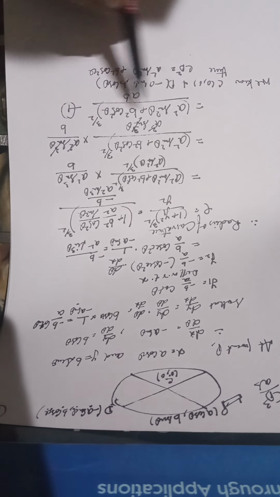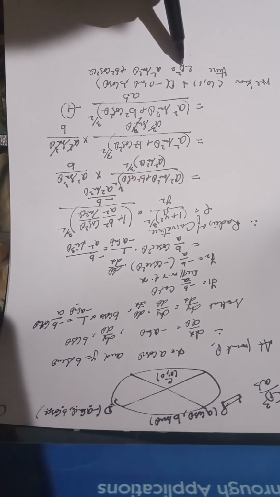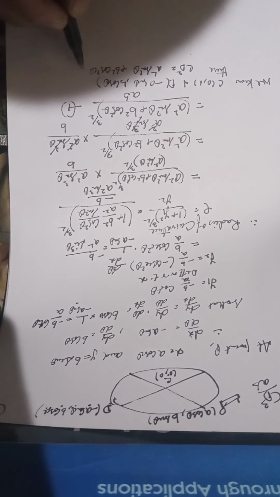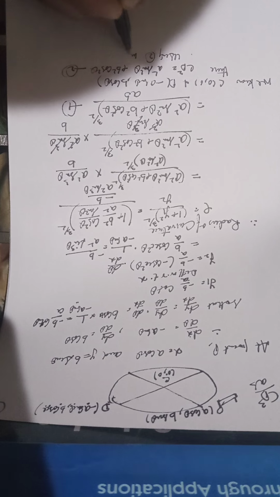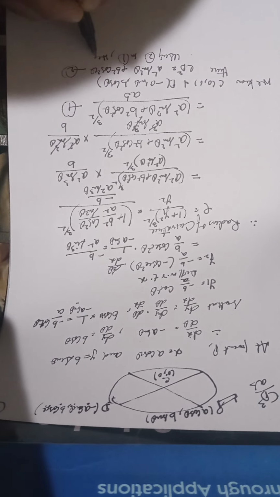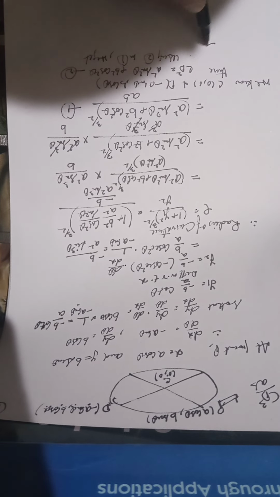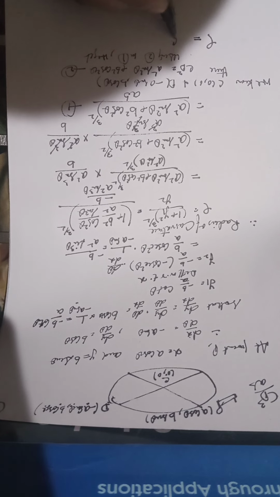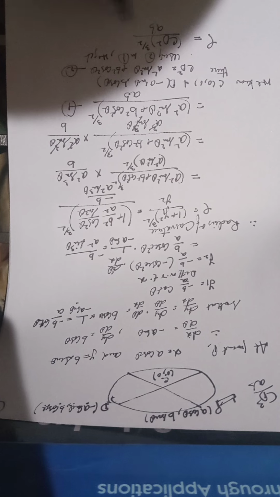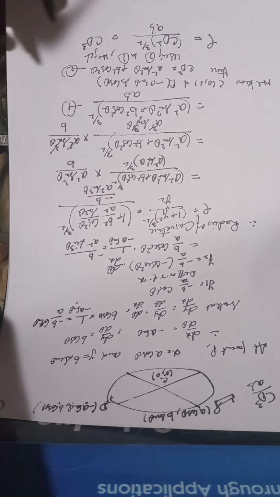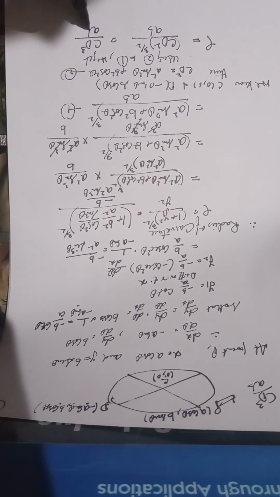Now a square sin square plus b square cos square is CD square. This is 2. Using 2 in 1, we will get the radius of curvature rho equal to CD square whole raised to the power 3 by 2 divided by AB, which is nothing but CD cube by AB.